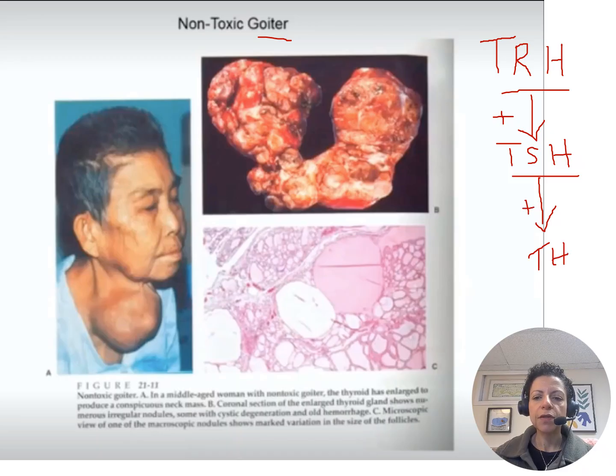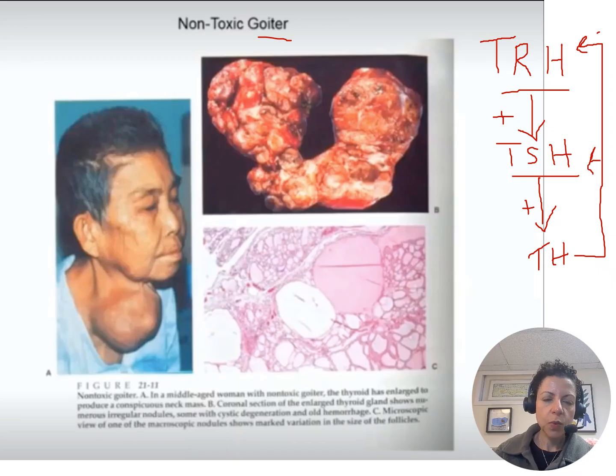And then we also know that thyroid hormone provides negative feedback regulation at the level of the hypothalamus, right, and at the level of the anterior pituitary. So what we see with a non-toxic goiter is elevated TRH, elevated TSH, but normal thyroid hormone. Okay? So normal thyroid hormone, but elevated TRH and elevated TSH.